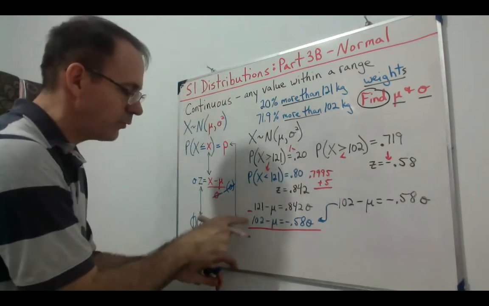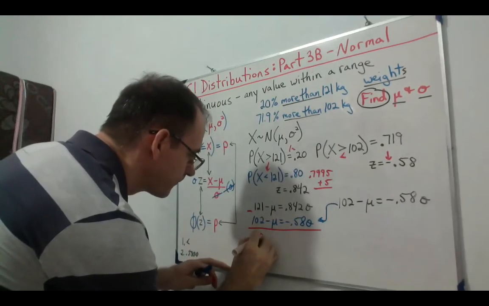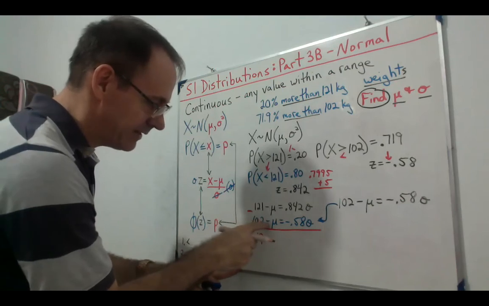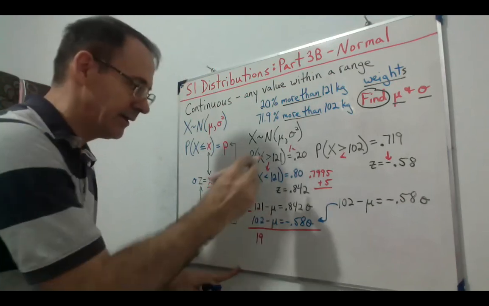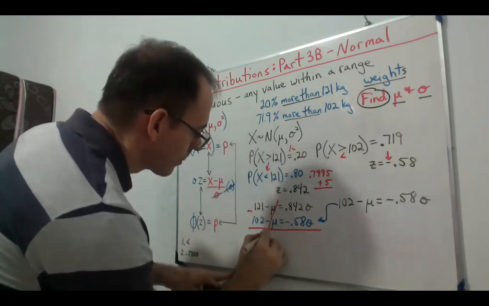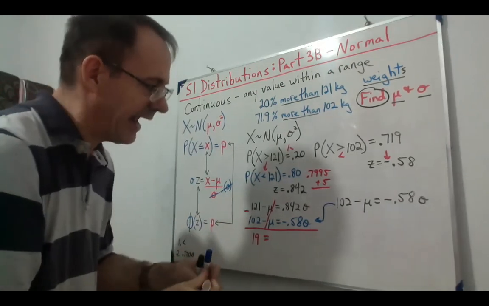So 121 minus 102 is 19. A negative mu minus a negative mu, or a negative mu plus a mu, cancels, equals, minus a negative means we need to add.